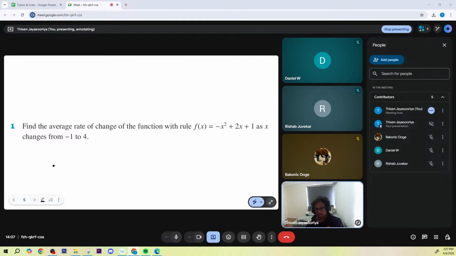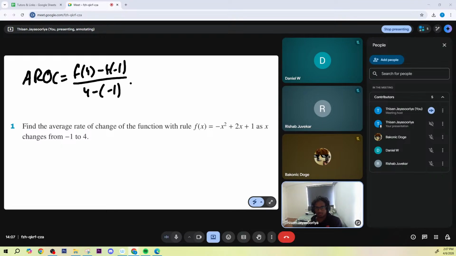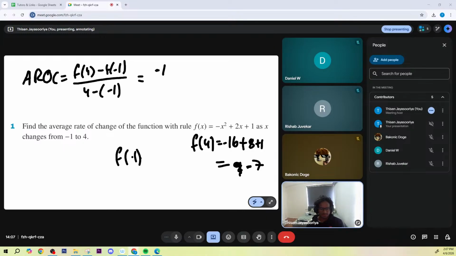So here we have the average rate of change equal to f of 4 take away f of -1, over 4 take away -1, which is just going to be negative. f of 4 is -16 plus 8 plus 1, which is -7. f of -1 is -1 take 2 plus 1, which is 2.